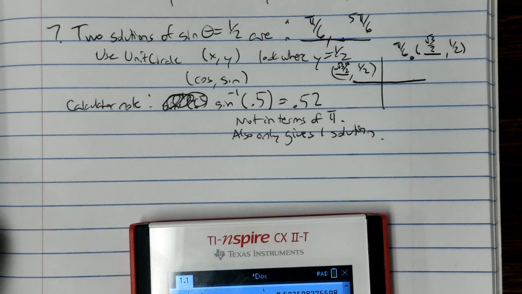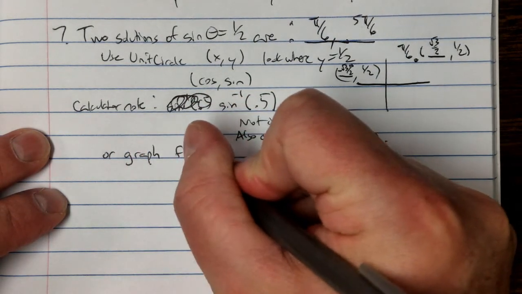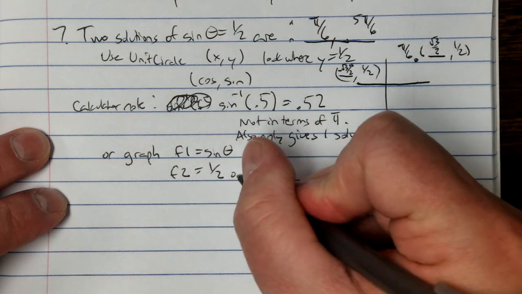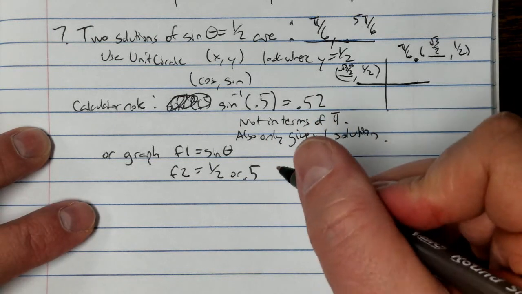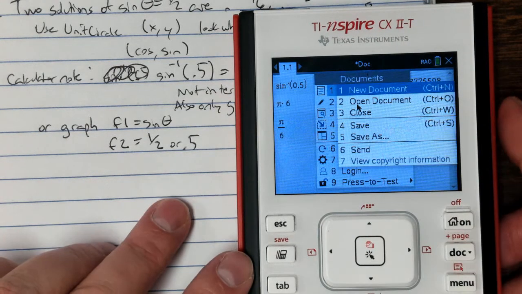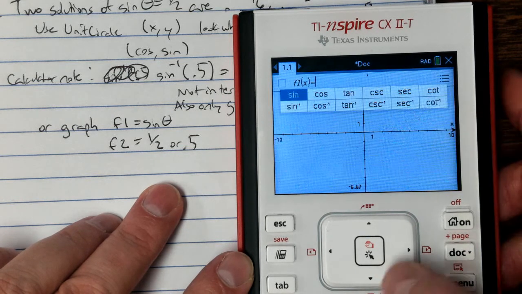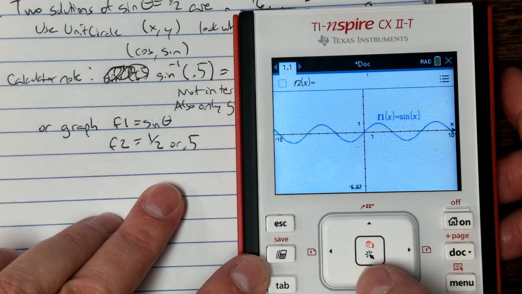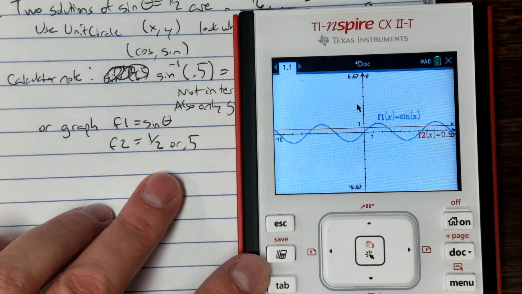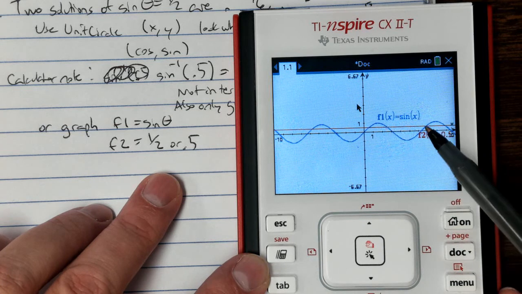The other thing I could show you is you could graph function 1 is sine theta and function 2 is 1/2, or 0.5, and then use your graphing window. So if we do this, you're going to have sine x, so that's the wavy one, and then we put 0.5, and so here you can see it crosses every time that it's red and blue at the same spot.